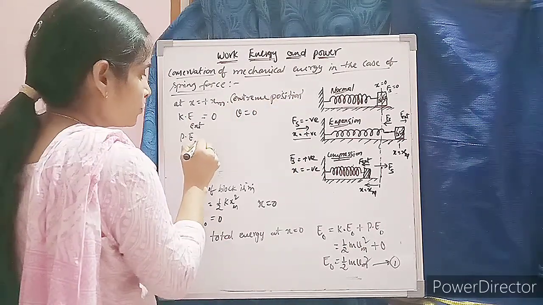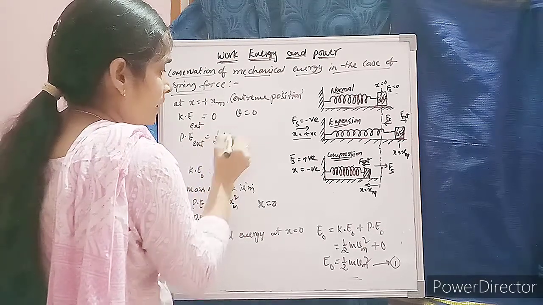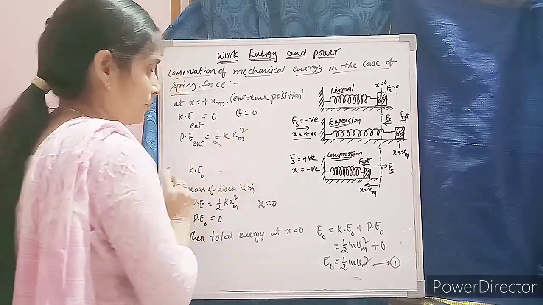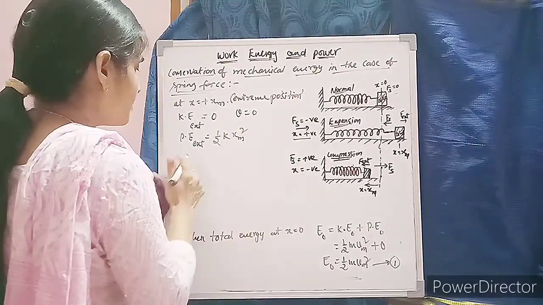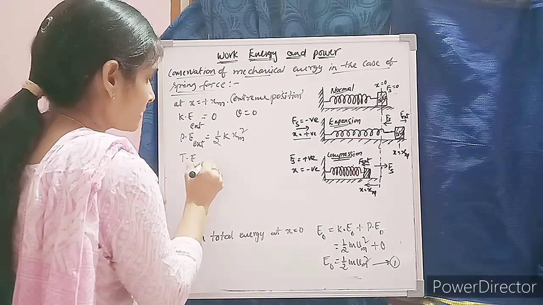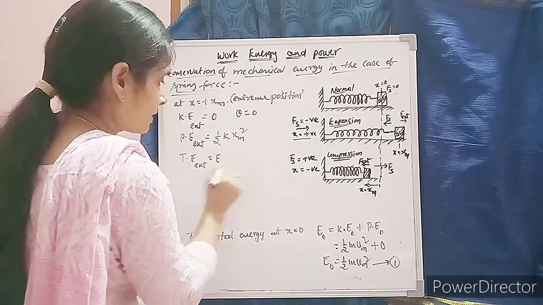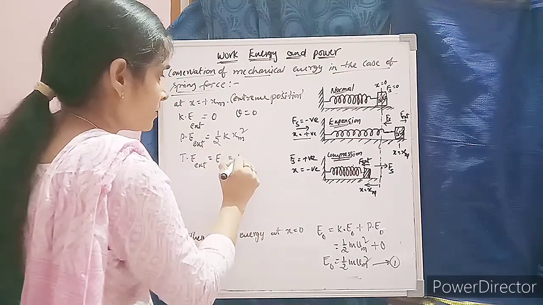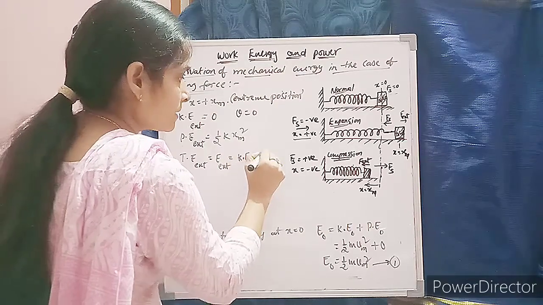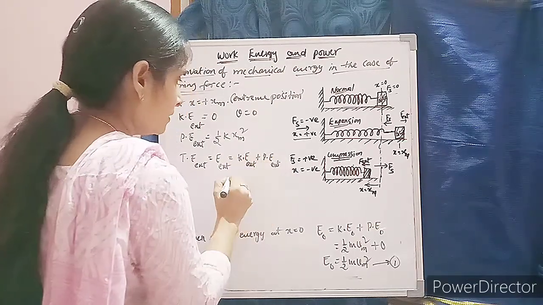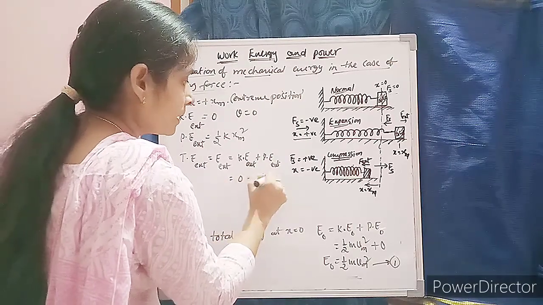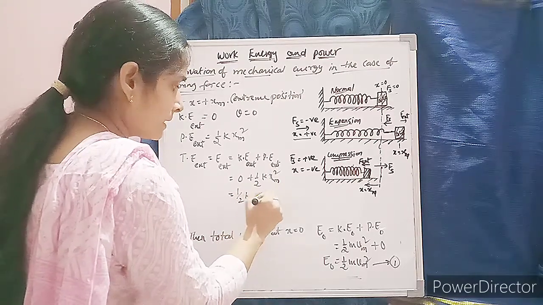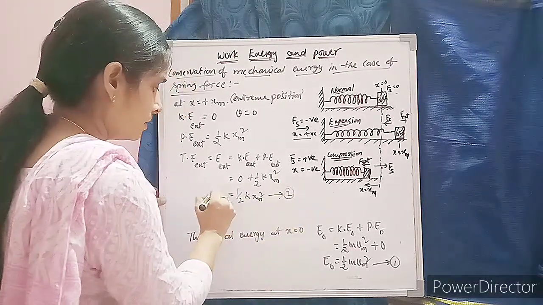Potential energy at extreme position is half into k into xm square. Now the total energy at extreme position is E extreme equal to kinetic energy plus potential energy, that is 0 plus half k xm square, which is half into k xm square. So this is equation number 2.